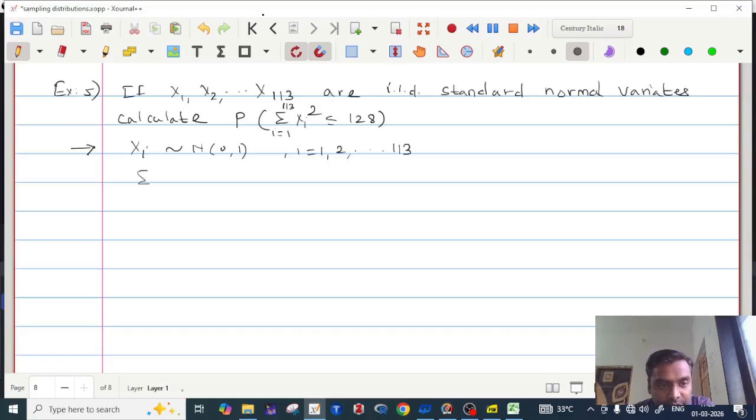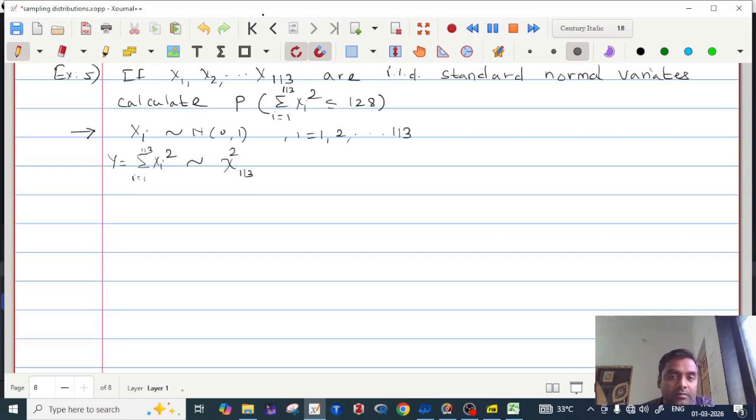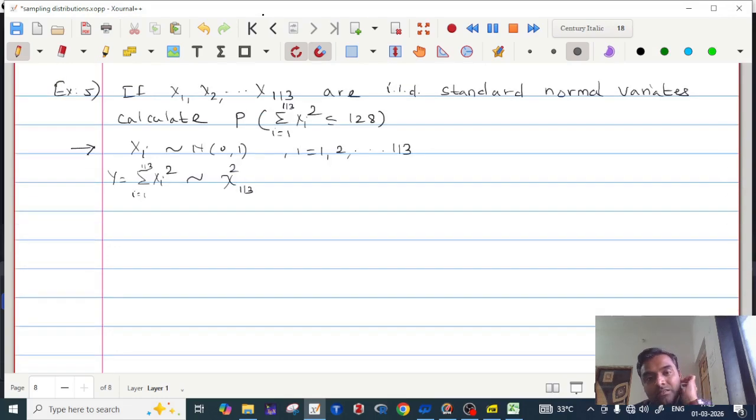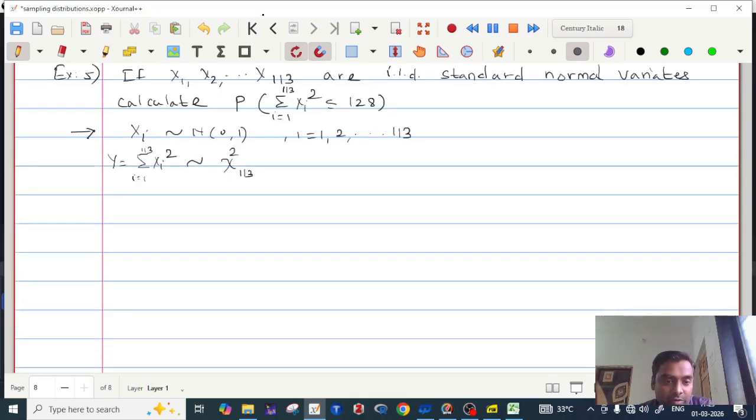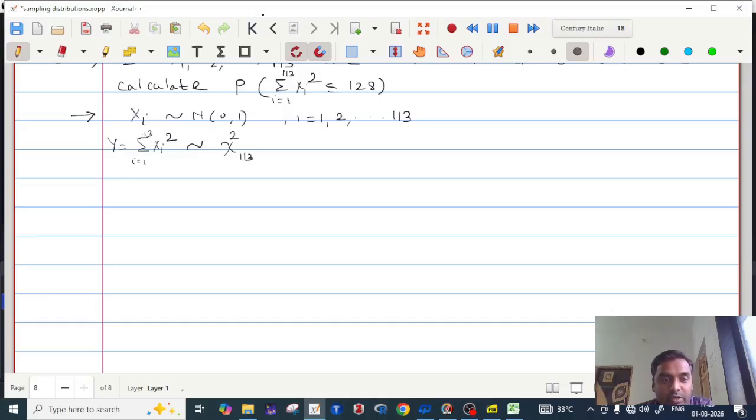Summation Xi square, let's call it Y, follows chi square with 113. As we discussed earlier, if n is larger, generally greater than 70, then we solve the problem using Fisher approximation. What is Fisher approximation?